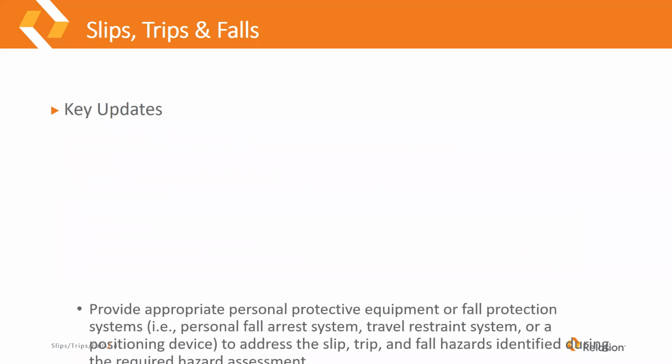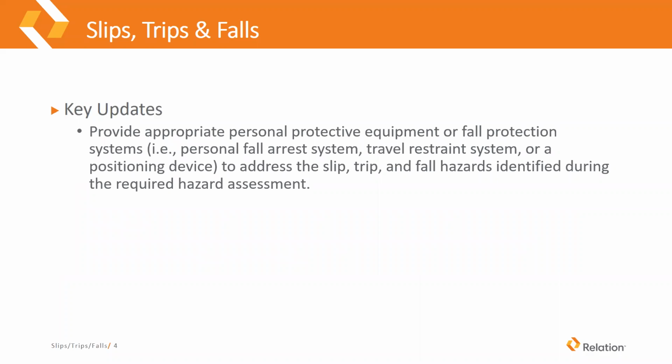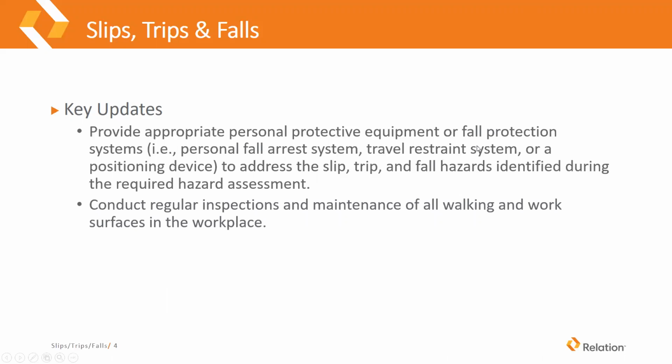A couple other updates are that the employer is to provide appropriate personal protective equipment or fall protection systems to address the slip, trip, and fall hazard identified in the required hazard assessment. Also, employers are to conduct regular inspections and maintenance of all walking and work surfaces in the workplace.